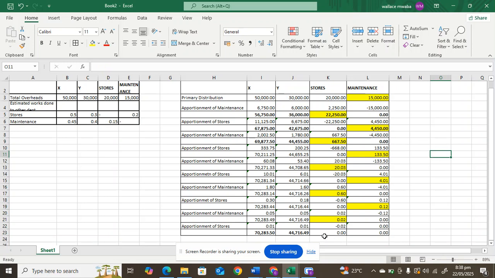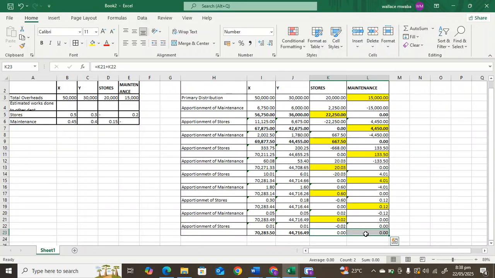So what I would advise is put it to two decimal places or one decimal place if you want, so that eventually you can end the process. Because the bigger the decimal places, the more it's going to take for you to finish this process. Okay, so here, as you can see, we have zero here and we have zero here. You end when both service departments have a balance of zero and zero.